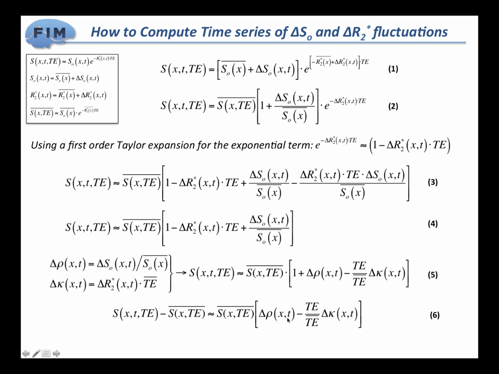It's approximately equal to the summation of two different terms. One that we call delta rho, which contains the fluctuations of no interest in terms of signal change, the fluctuation divided by the mean, and a second separate term that contains the fluctuations of interest. You can walk later through the math if you want, but the whole idea is, again, by very simple math, we can pull these things apart just by doing a couple of simplifications.